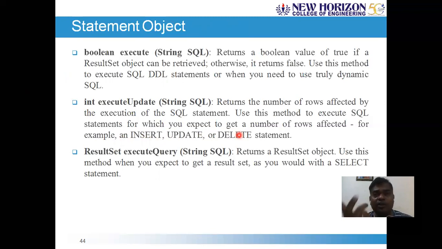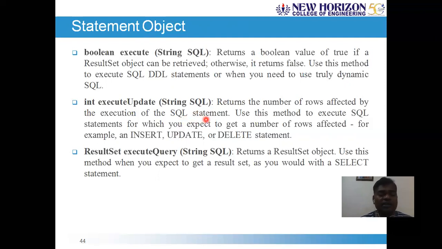Either you can add a new row or delete existing rows in the table of a database, or you can make changes to a couple of values of the existing table. So among the existing rows, how many rows got affected by the executeUpdate method? Always the executeUpdate method returns the number of rows affected by the execution of the statement. So this is the description of executeUpdate.